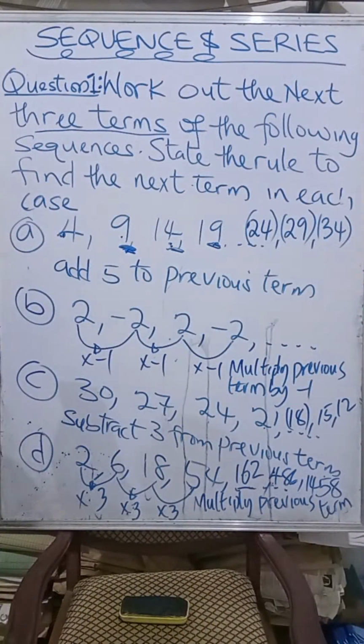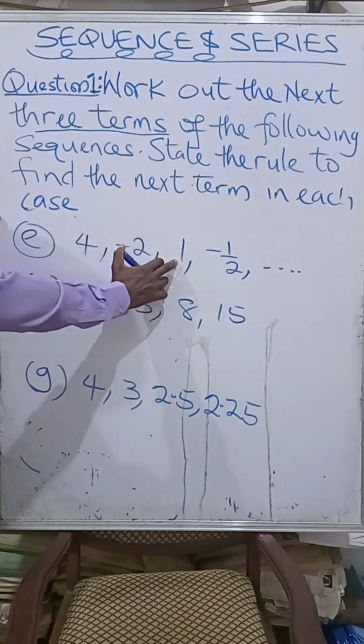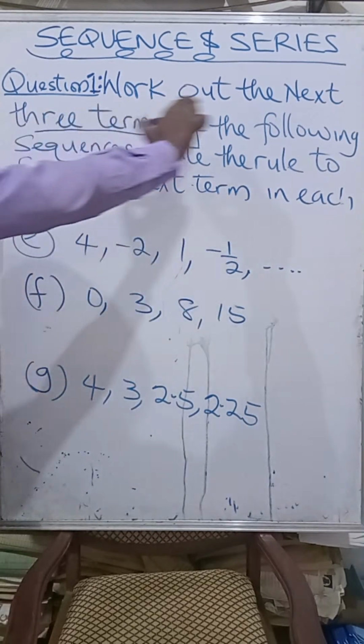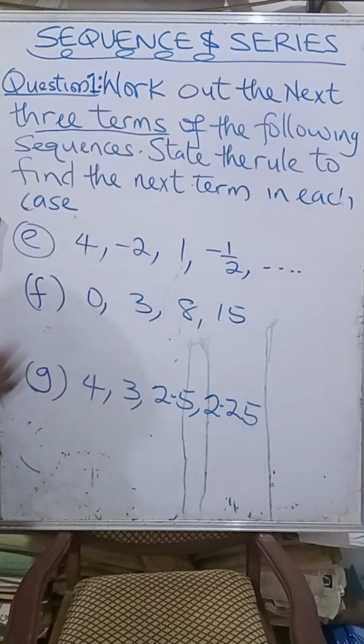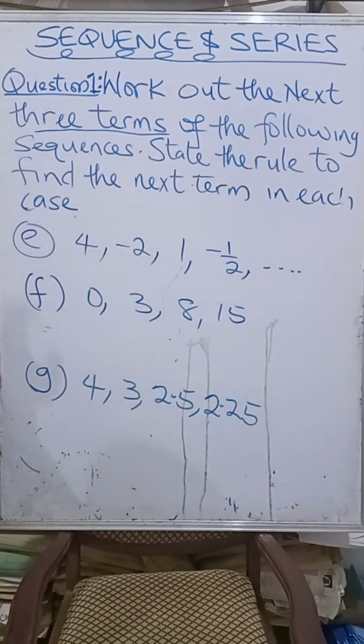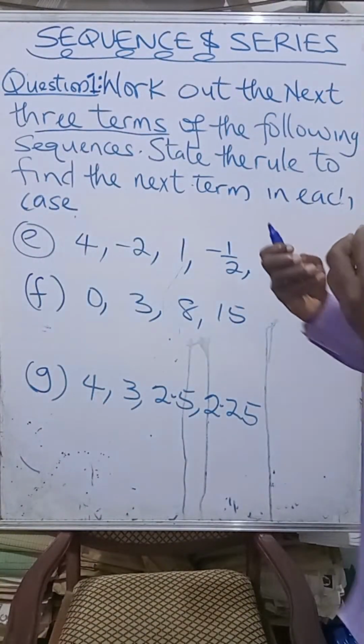Let's see more questions on these aspects. 4, minus 2, 1, minus half. So we're trying to find the next 3 terms and then state the rule to find the next term. What we're going to do here is to look at the pattern. As I've said, there is no particular formula.